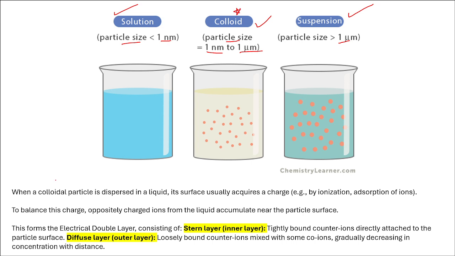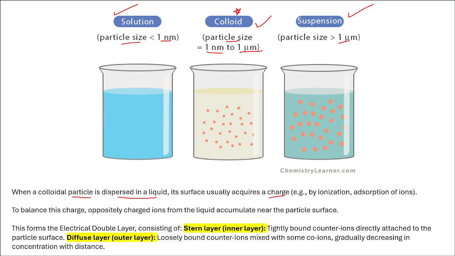Now, whenever a colloidal particle is dispersed in liquid, like particles which have a size range between 1 nanometer and 1 micrometer, and they are put in any of the aqueous solvents, what happens? Let us understand that. Its surface usually acquires a charge.